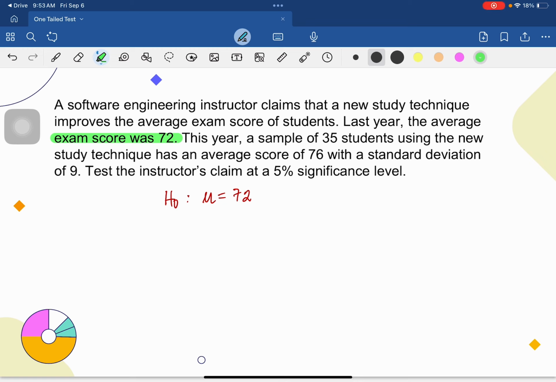In other literature and references, you can also say that your null hypothesis is less than or equal to 72. Okay, you can say that, I wouldn't mind. Again, we'll be using the one-tailed test here because we are just testing if the average score increases. The claim of the instructor would be that it increased to 76.